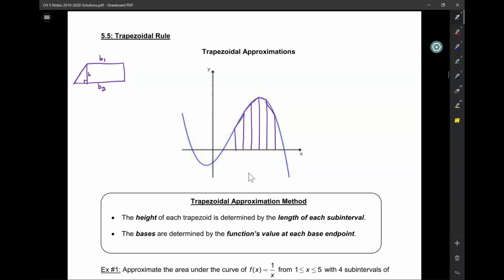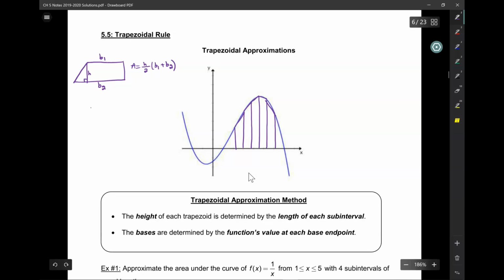Now, the area is half times height times base 1 plus base 2. Okay, now, this is my trapezoid, all right? Now, what if I took the trapezoid and I drew it this way instead? Right? Same trapezoid, I now stand it up on that side. Now, again, the parallel sides, base 1 and base 2, are these.